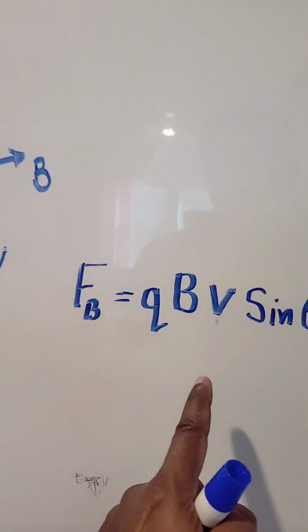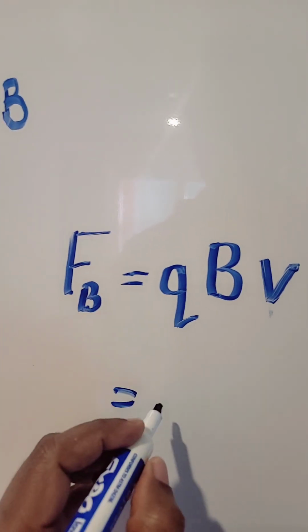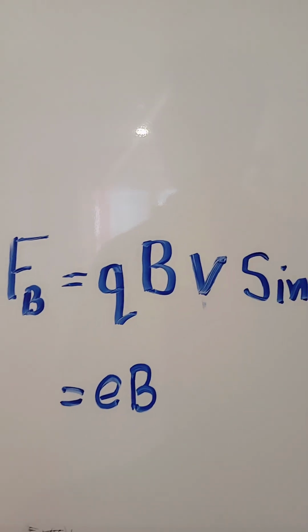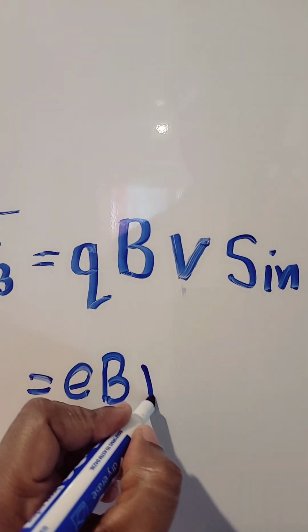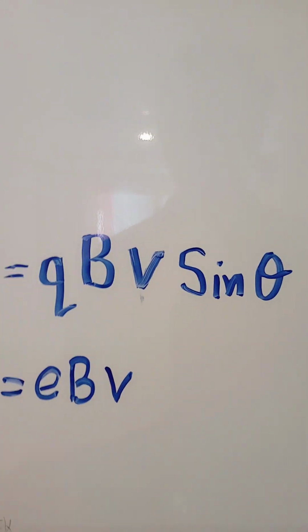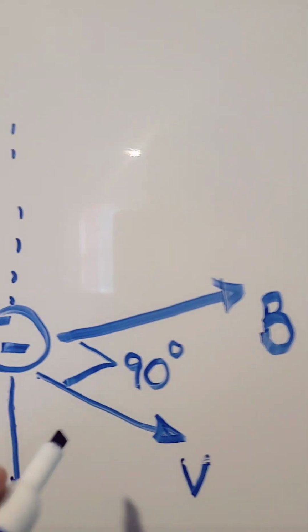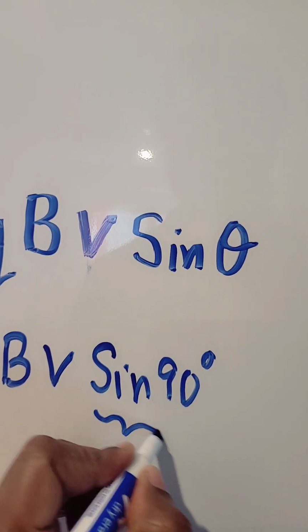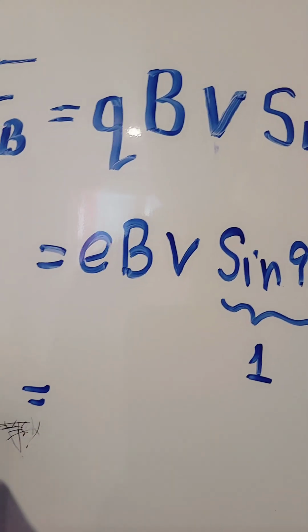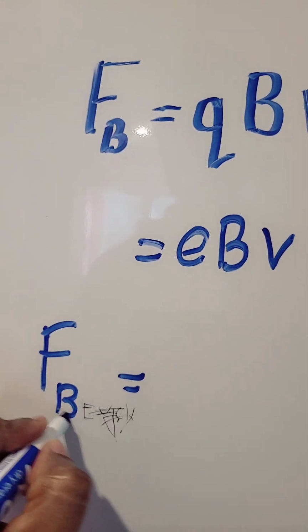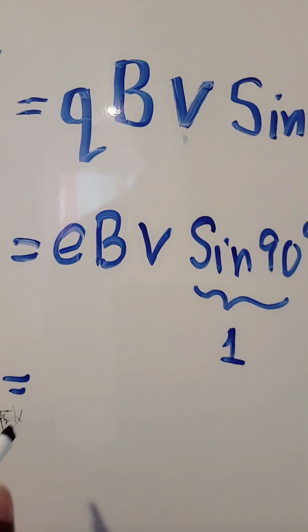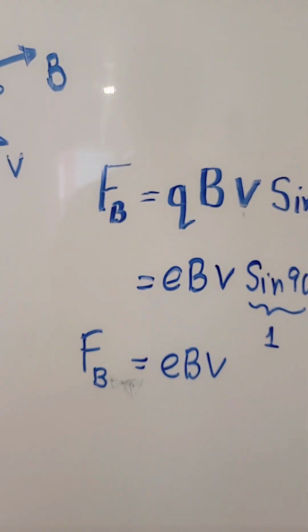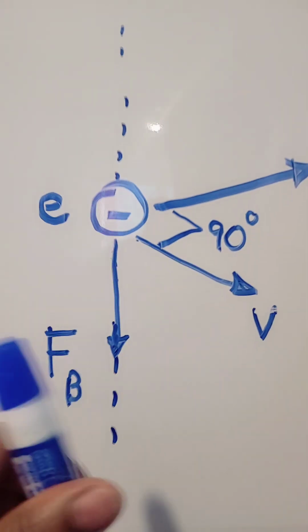And the size of that force is, I can simply replace q by e, the magnetic field size B, the velocity size v, and sine theta, you can see it's 90 degrees, so sine 90. Sine 90 is just 1, so the size of the magnetic force is simply eBv, and its direction is pointing downward.